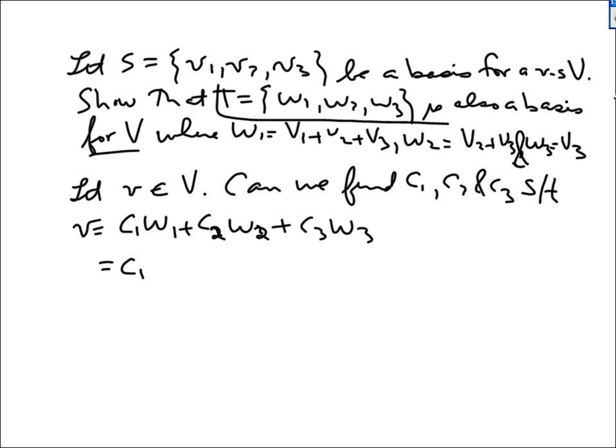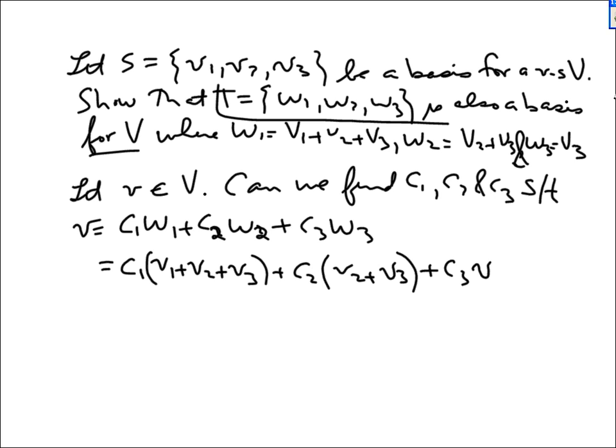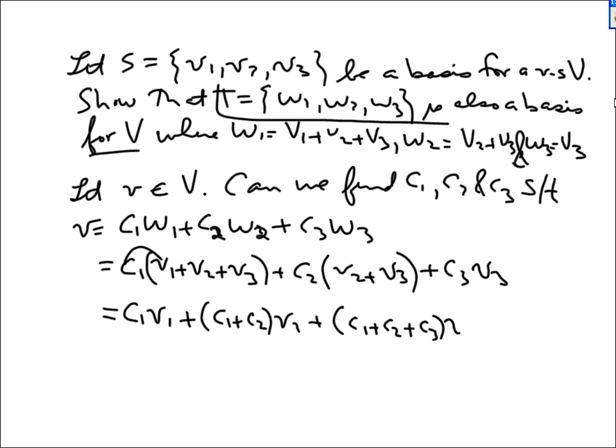Well, I know W1 is V1 plus V2 plus V3, C2 times W2 is C2 times V2 plus V3, and C3 W3 is C3 V3. But this is C1 V1 plus (C1 plus C2) V2 plus (C1 plus C2 plus C3) V3.